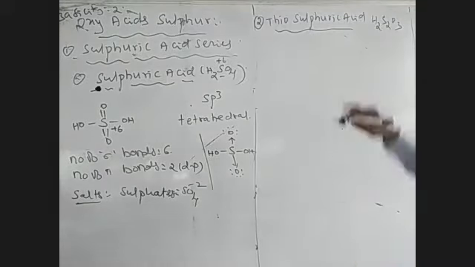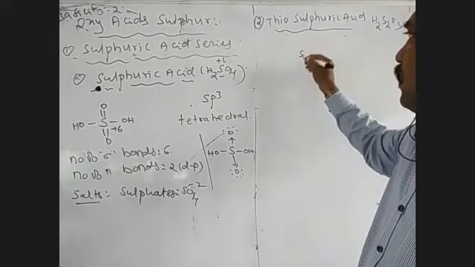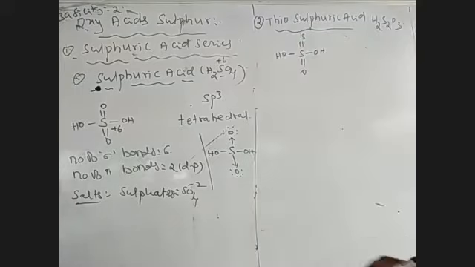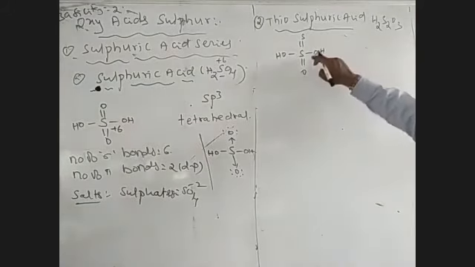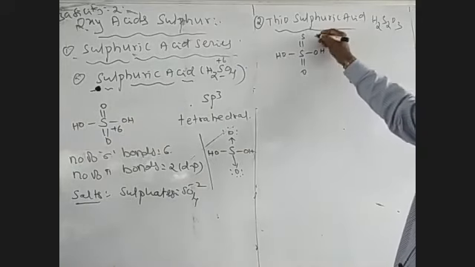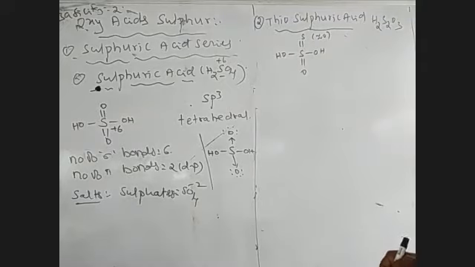In this case, a double bond exists between one sulfur and another sulfur, which means this sulfur behaves like oxygen.